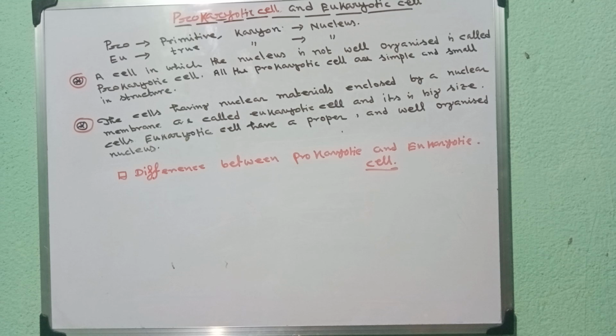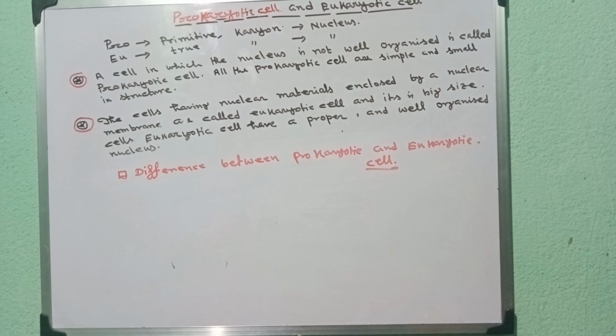All the membranous structures, mainly the lysosome, mitochondria, nucleus, and Golgi body, are present in the eukaryotic cell. But the cell organelles, mainly the mitochondria, and membrane bound organelles are absent in the prokaryotic cell.